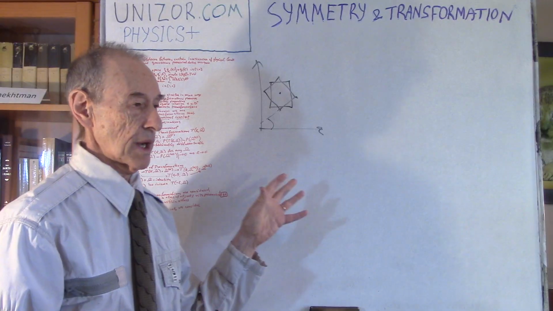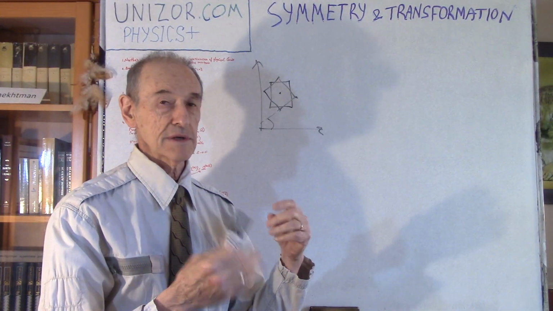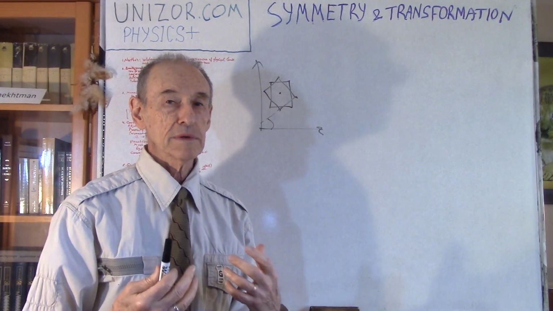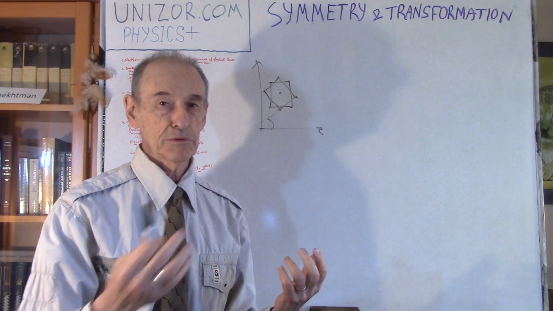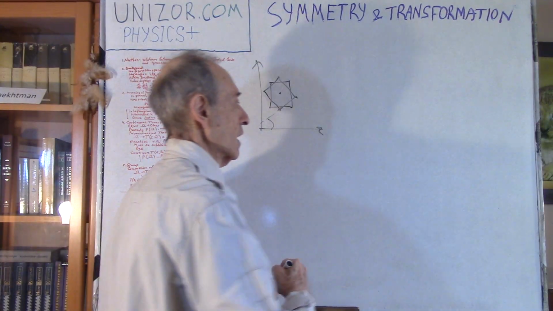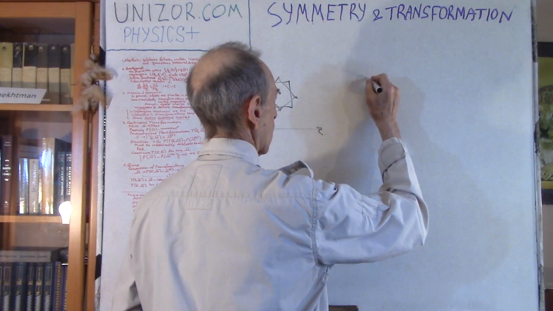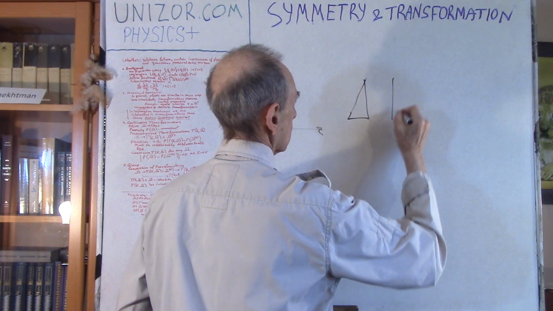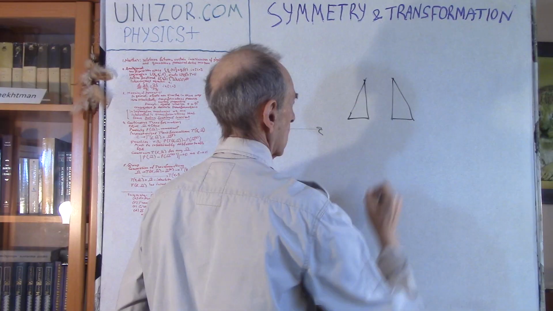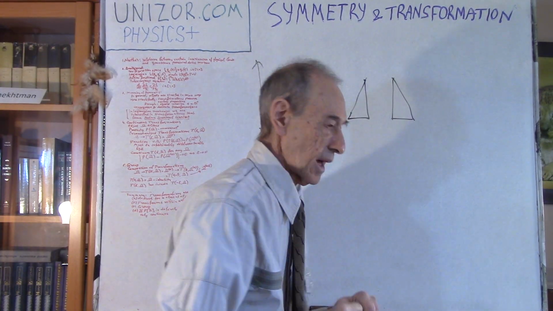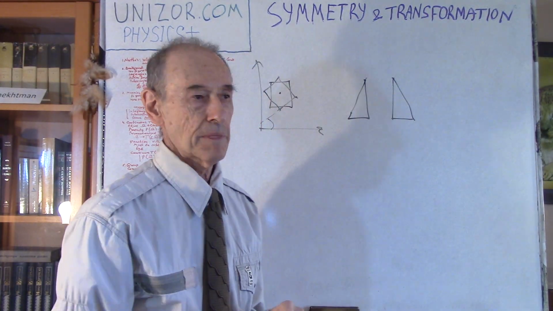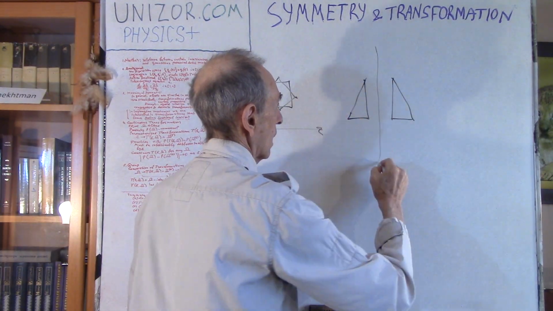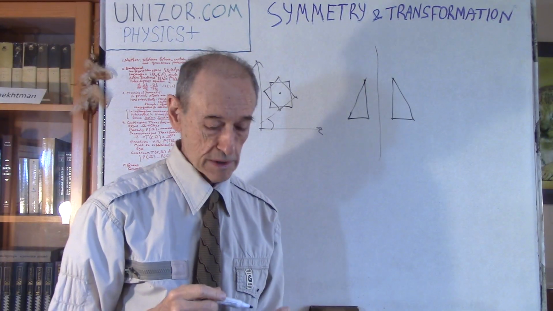Whenever we are talking about two different objects and their similarity in some way, we usually talk about a certain transformation of one object into another. For example, if you have two triangles, one triangle and another triangle, we say they are similar relative to the axis between them, right?